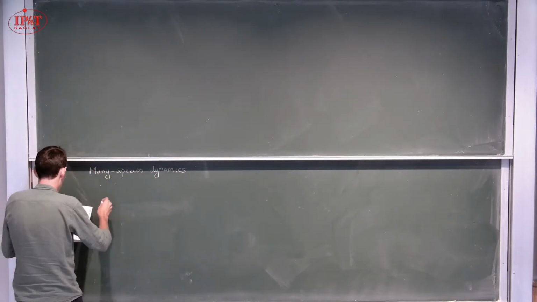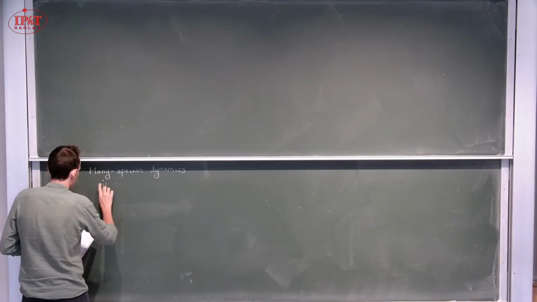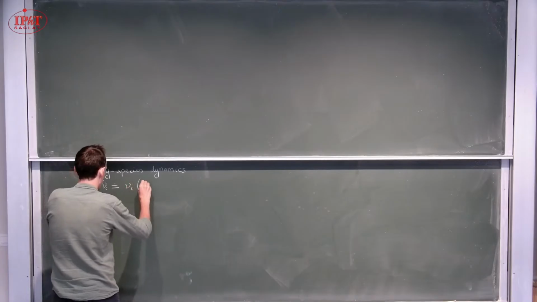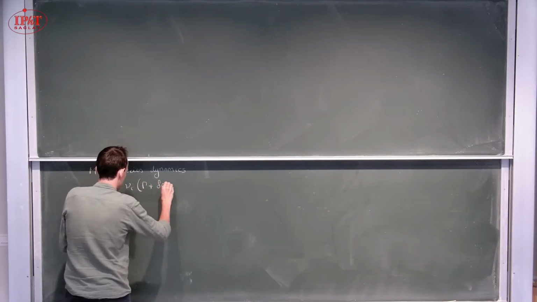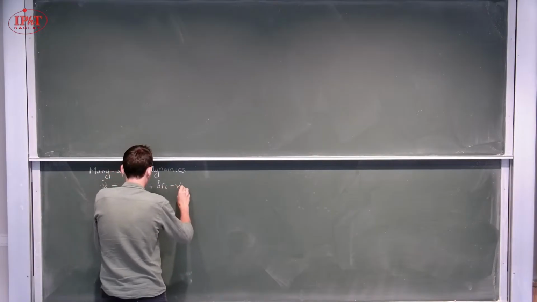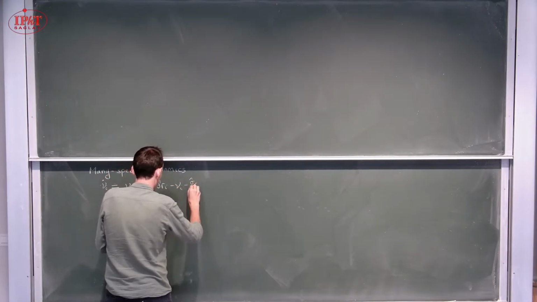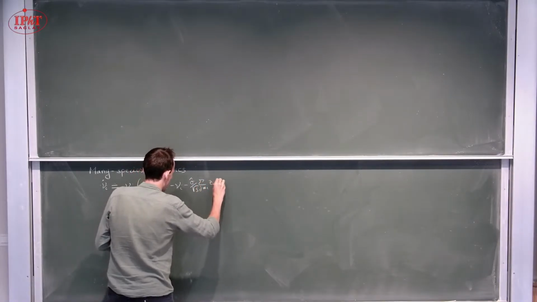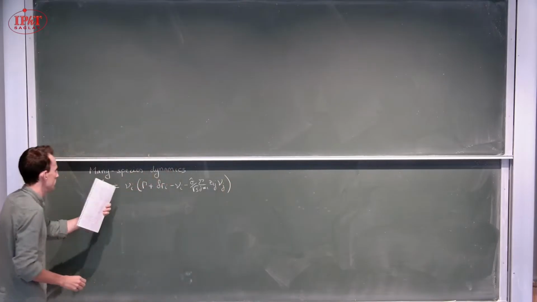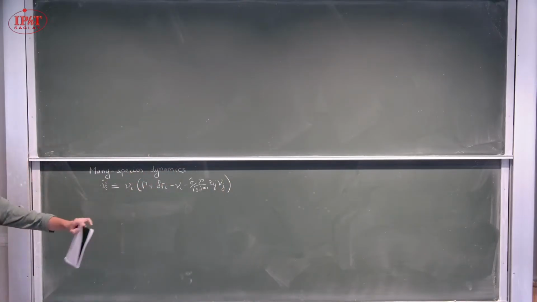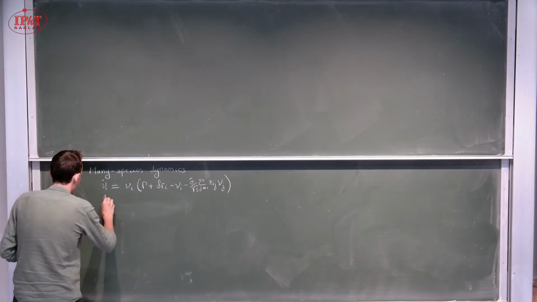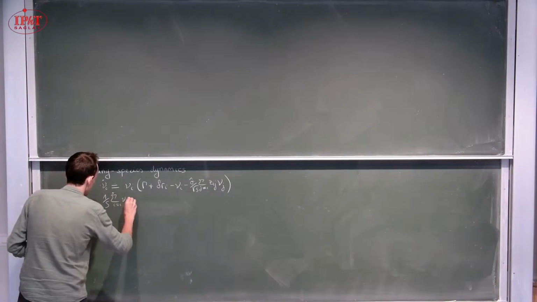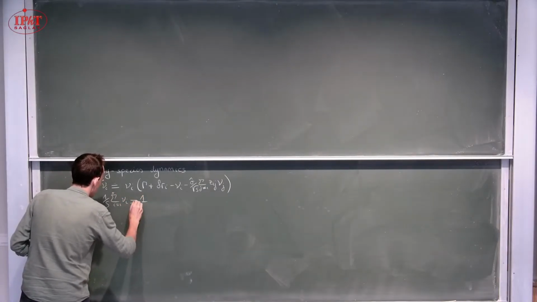So I'll remind you the equations that we derived from the generalized Lotka-Volterra model, where the mu i are the relative abundances of the different species, normalized in such a way that the empirical mean of this is equal to 1.